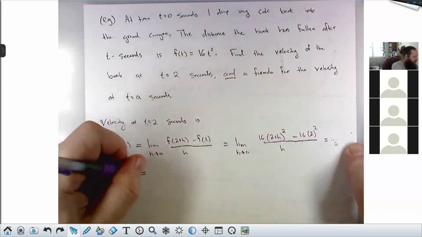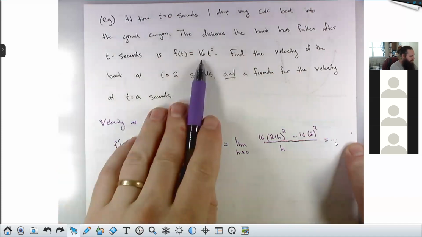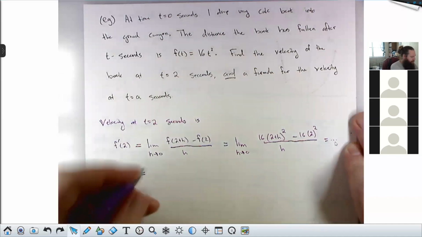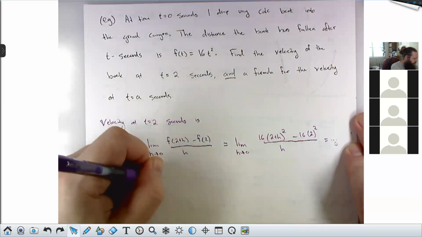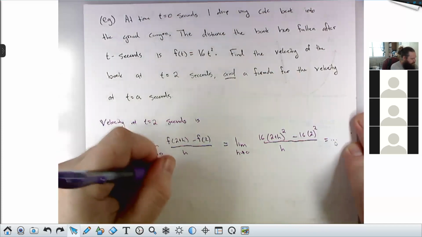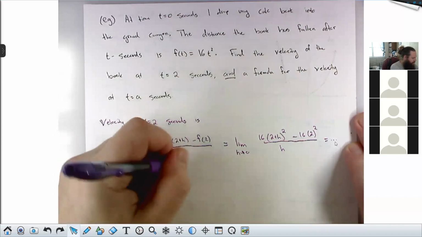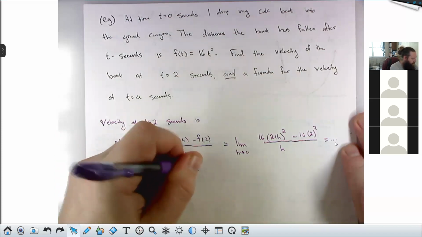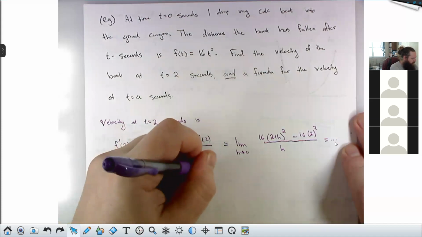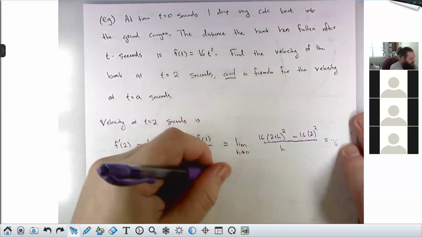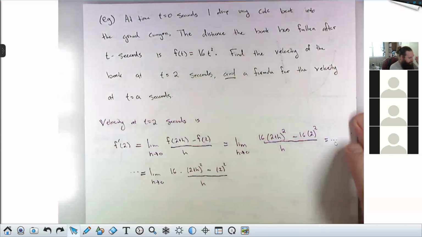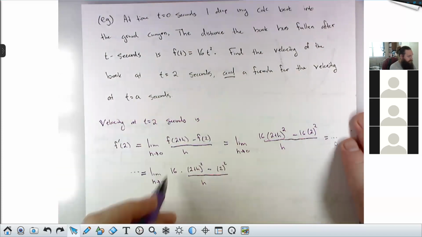That's that constant multiples like the 16 times t squared play very nice with respect to the derivative. So I'll bring the 16 out and I just have 2 plus h squared minus 2 squared all over h.